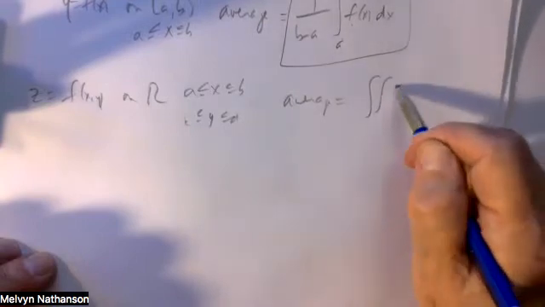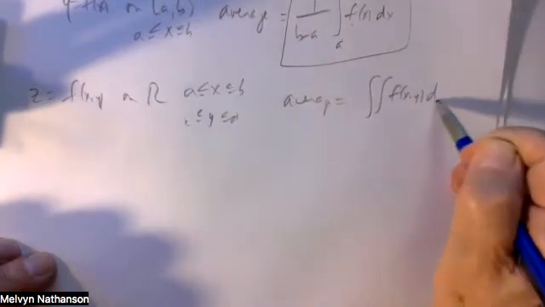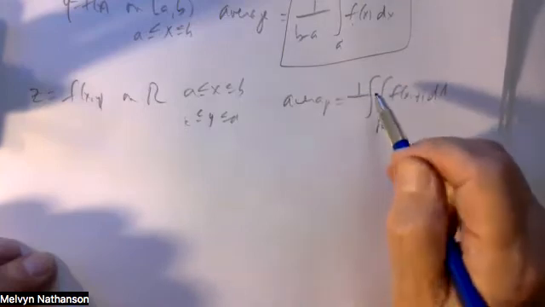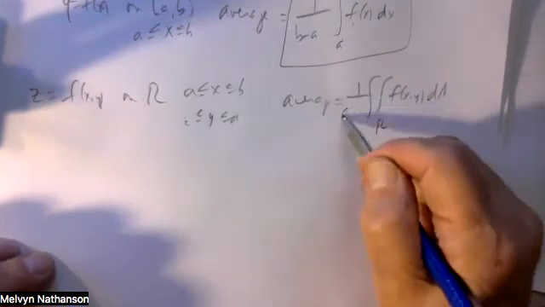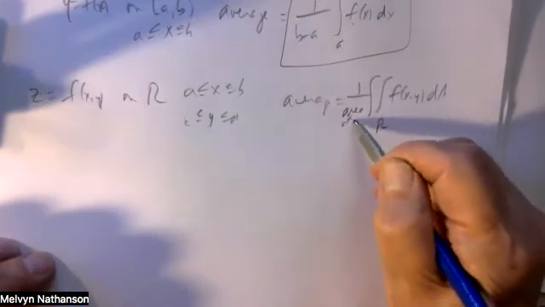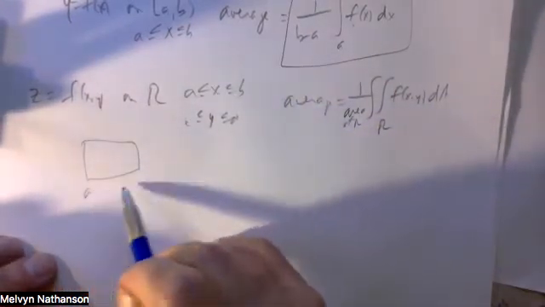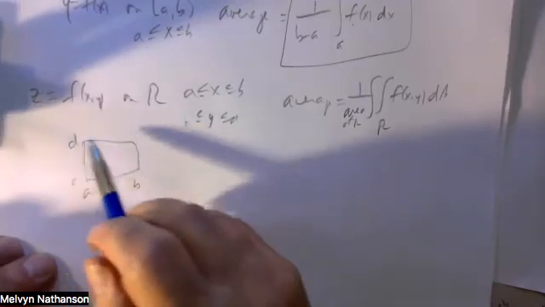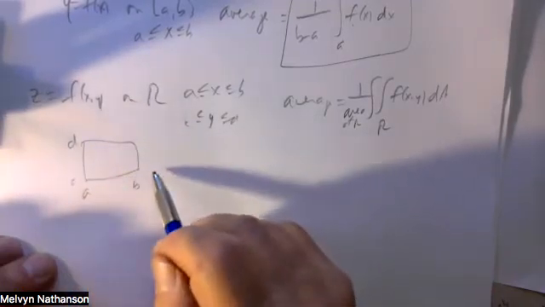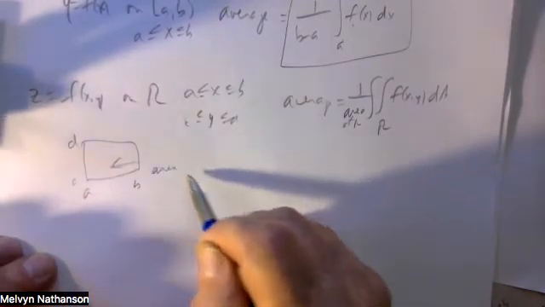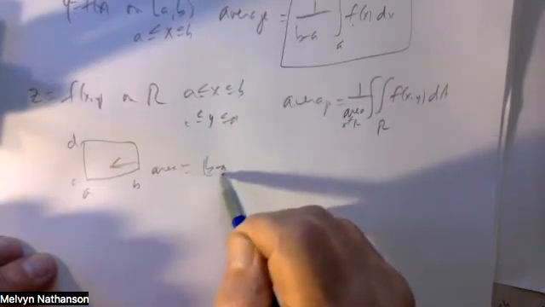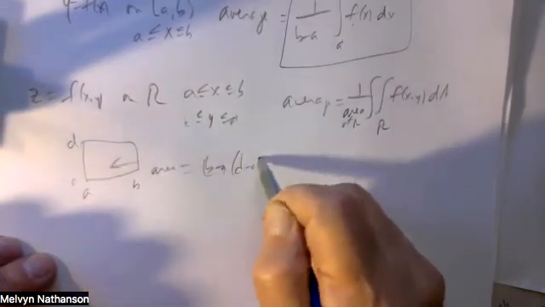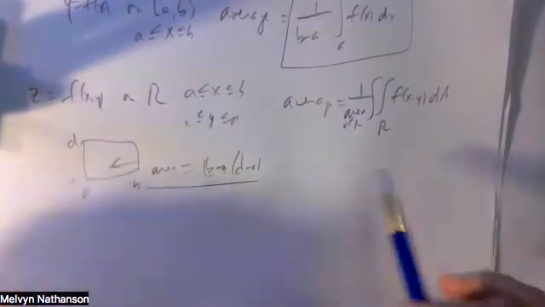It's the integral over the rectangle divided by the area of the rectangle, which is, of course, for a rectangle, the base b minus a times the height. That's the area of the rectangle.